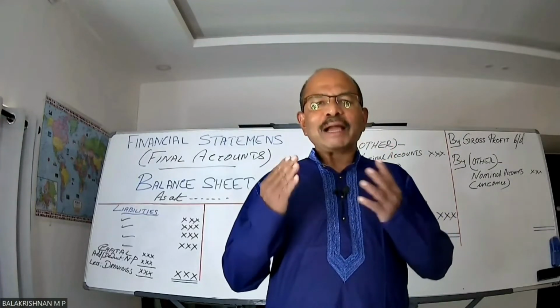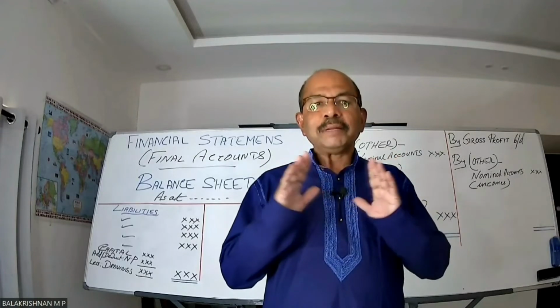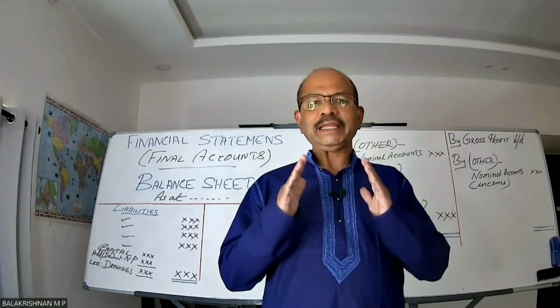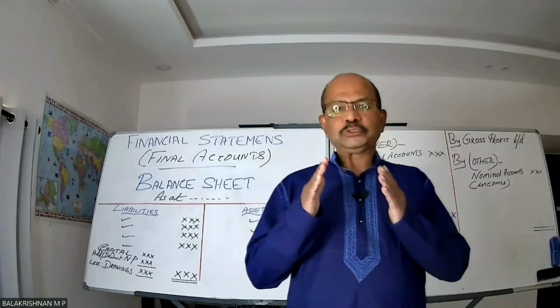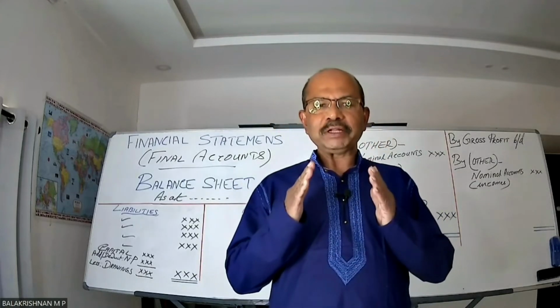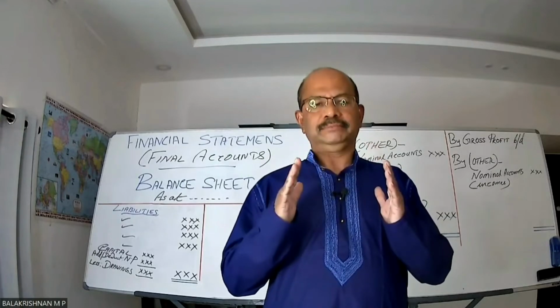These accounts will completely move to a statement called the balance sheet. Please note that the balance sheet is not an account like the trading and profit and loss account. It is just a statement showing the financial position of the business as on a particular date. Mainly, it is prepared at the year end.